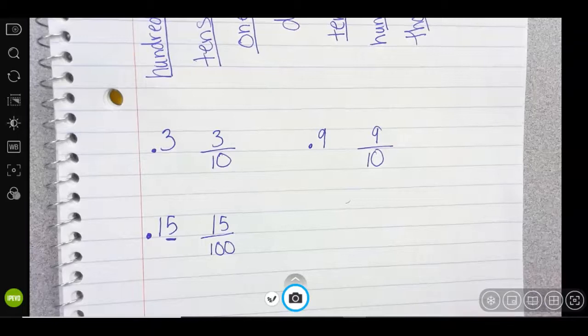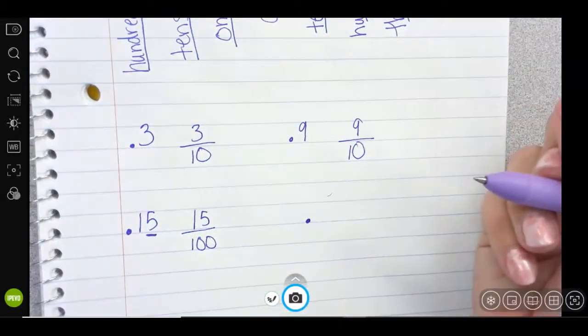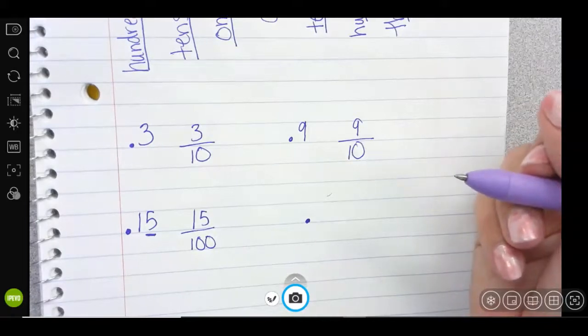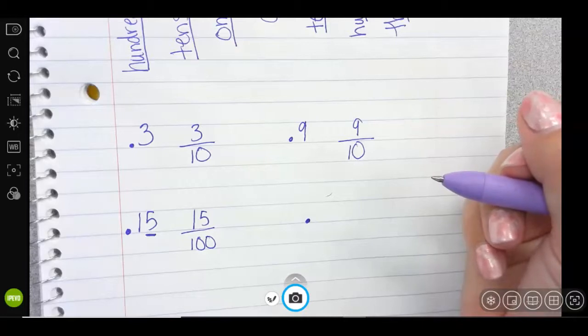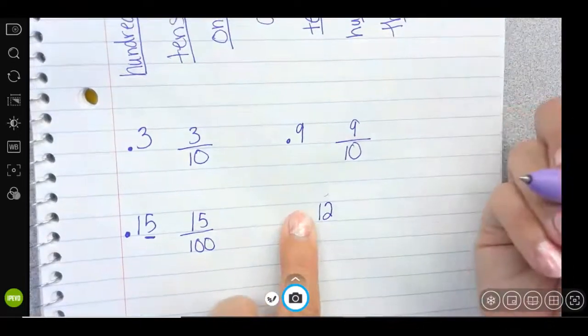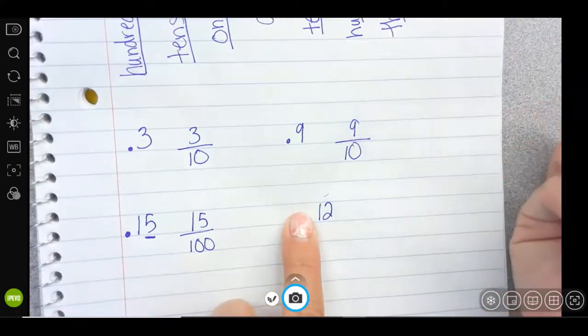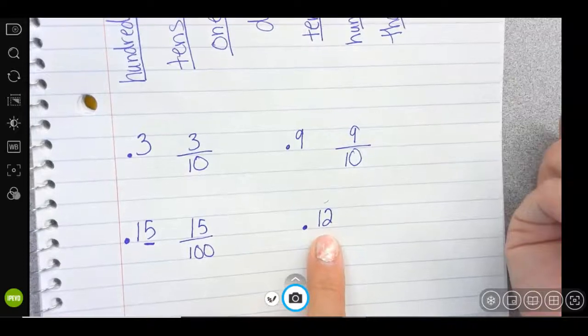We're going to keep doing some practice, okay? Sophie, give me a number less than 100. 12. So if I take away the decimal point, that's 12, right? But because it's a decimal point, we know that it has a special place value.